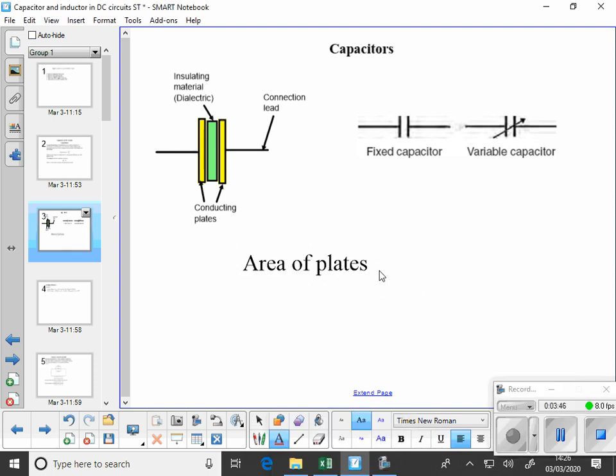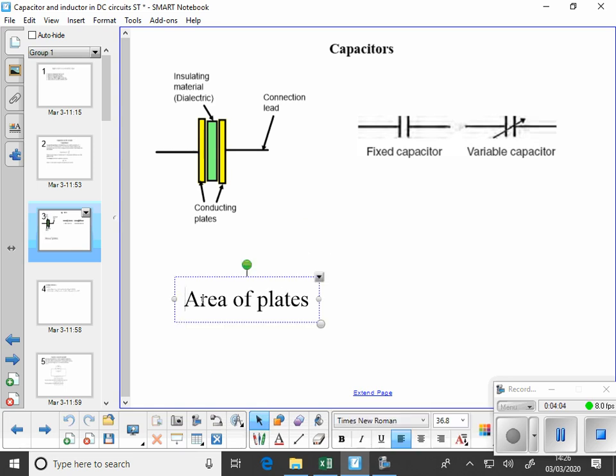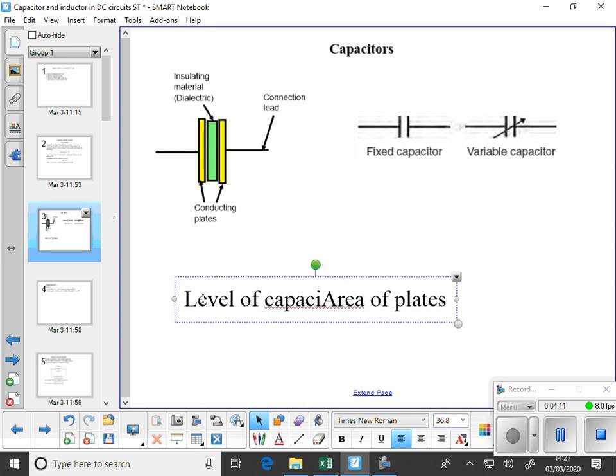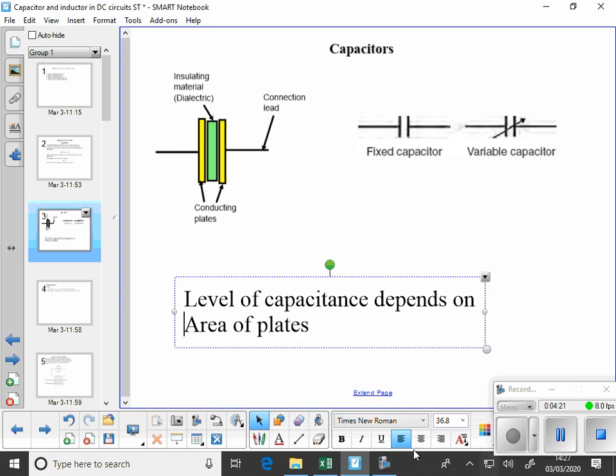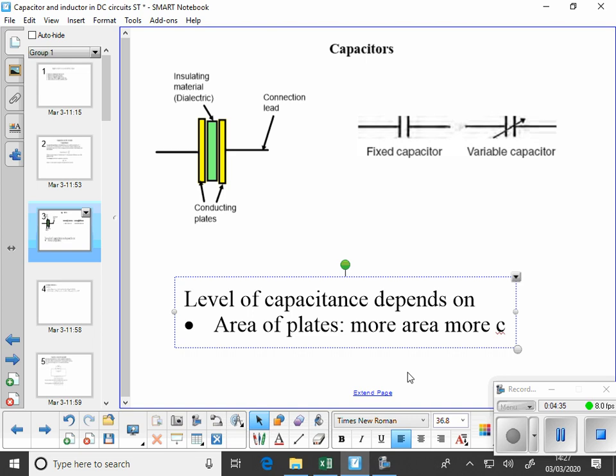Bigger plates, more area, more capacitance.